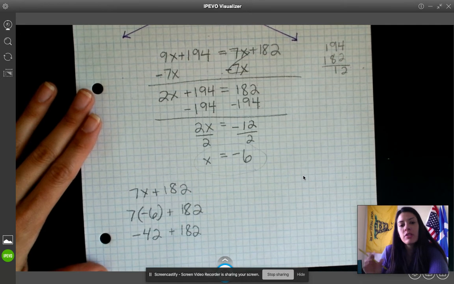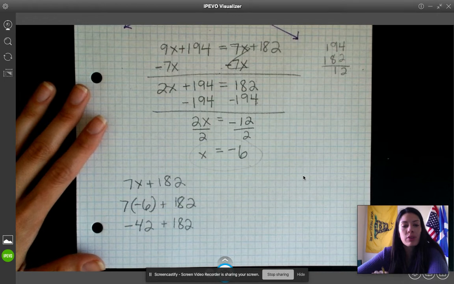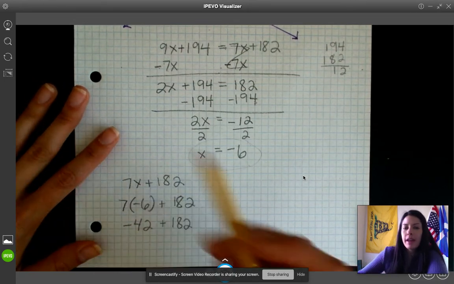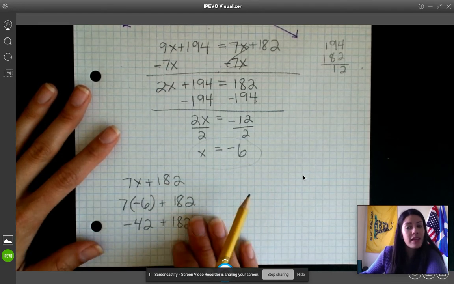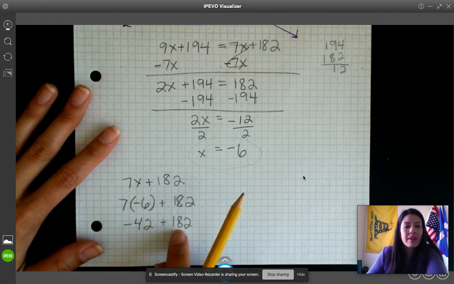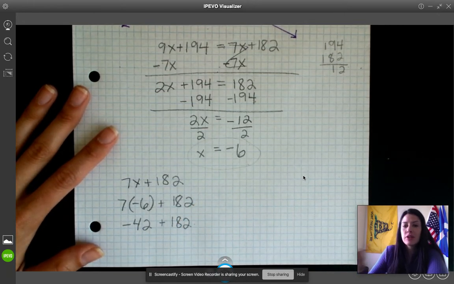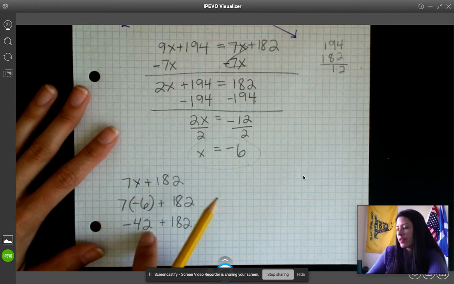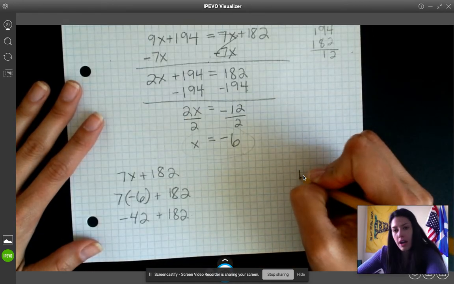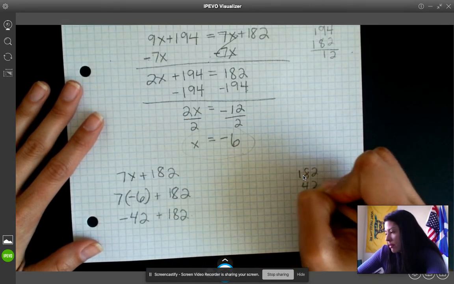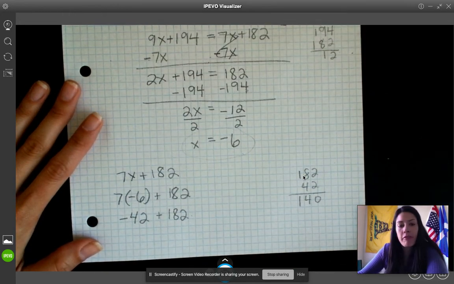Again, I have a negative and I have a positive added together. So what I'm going to need to do is find the difference between the two. The number with the greater absolute value is going to hold the sign of my answer. My 182 is the bigger number. It does have the larger absolute value. Therefore, because 182 is positive, my sum is also going to be positive. Now I just need to find the difference between the two absolute values. So 182 minus 42, off to the side, is going to be 140.